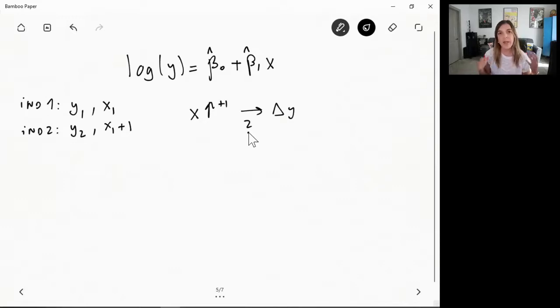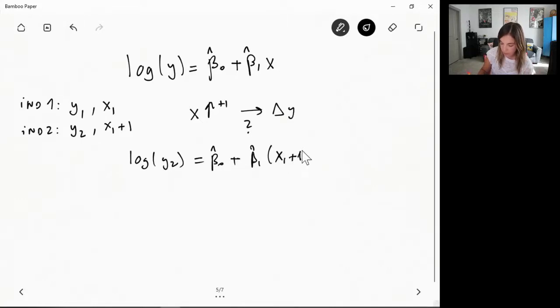So let's start by writing down the equations for each of these individuals. For individual 2, the log of y2 equals beta naught plus beta 1 times their covariate, which is x1 plus 1.